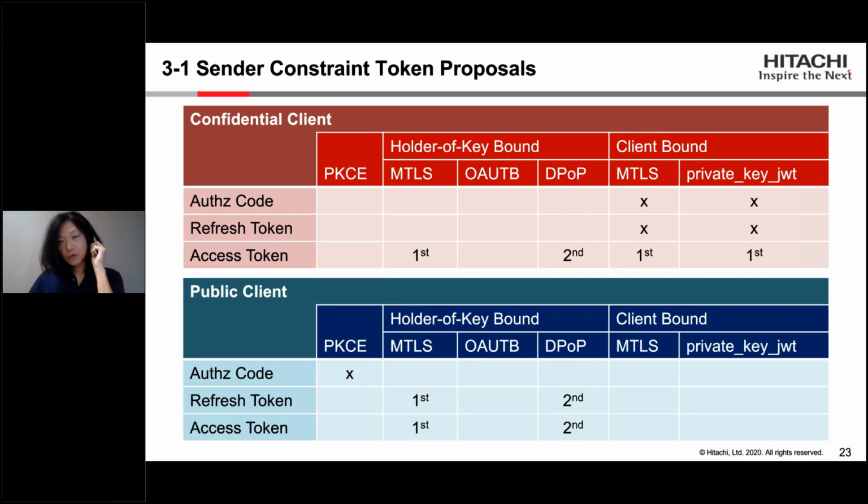These two tables show my proposal of the appropriate way of realizing sender constraint tokens in the OAuth protocol for each confidential and public client. Please refer to the upper table showing the confidential client.